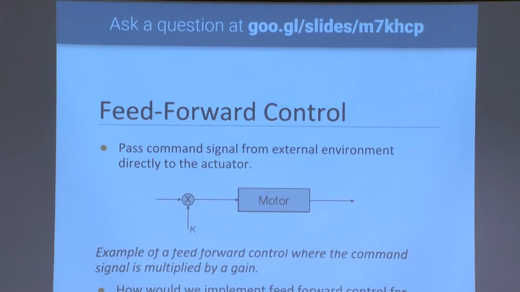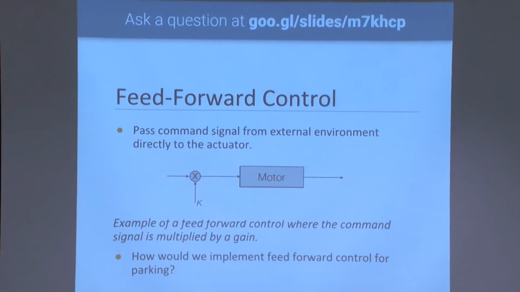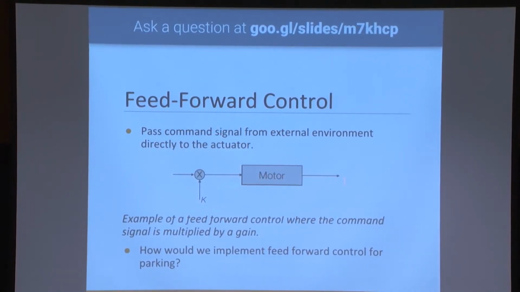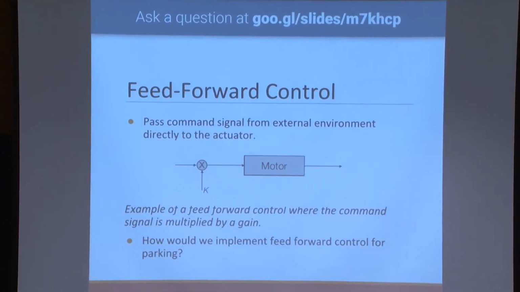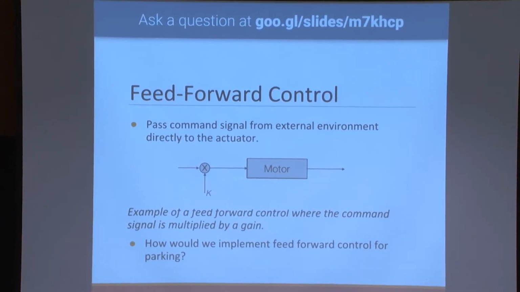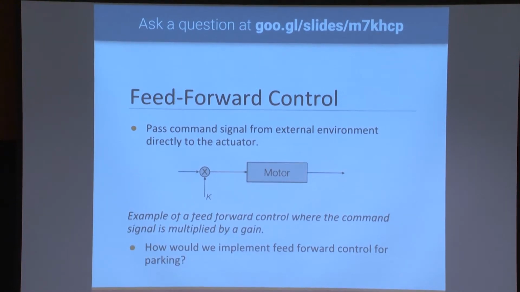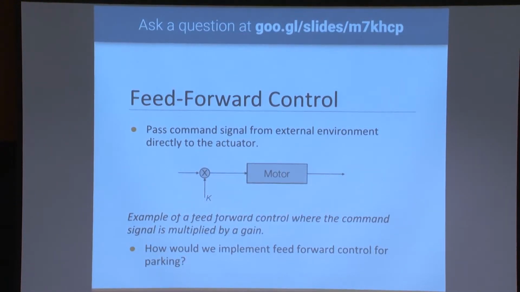The first type of control we talked about was feed-forward control. We also called this open-loop control. That is when you pass the command you want just directly to the motor and hope it goes. So what is an example of feed-forward control in the context of visual servoing?